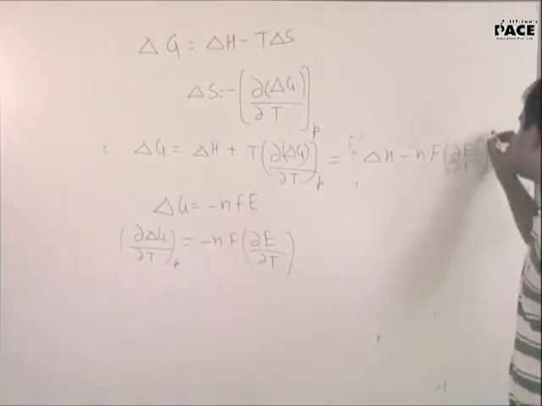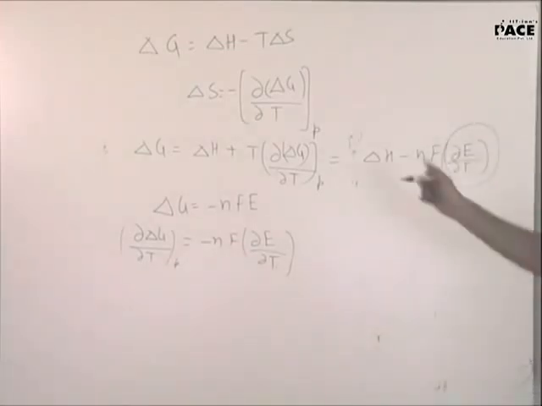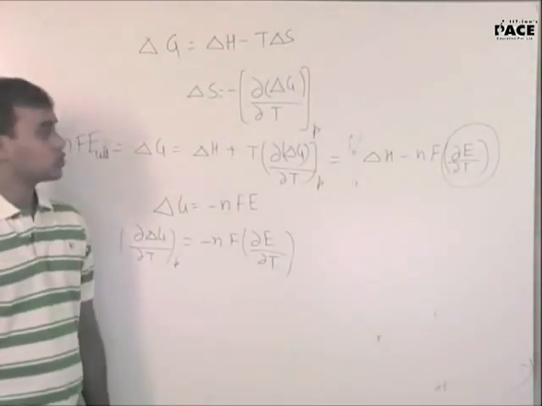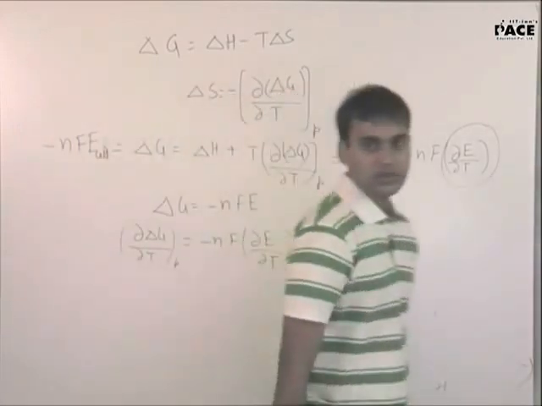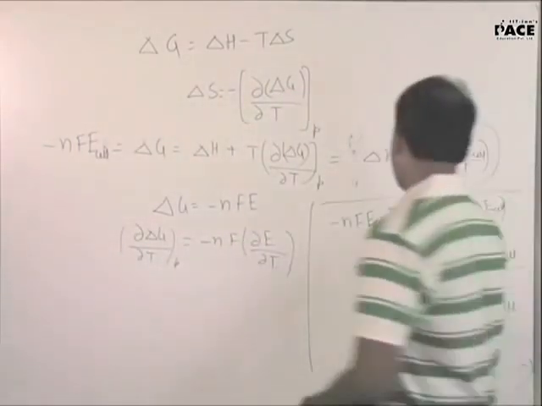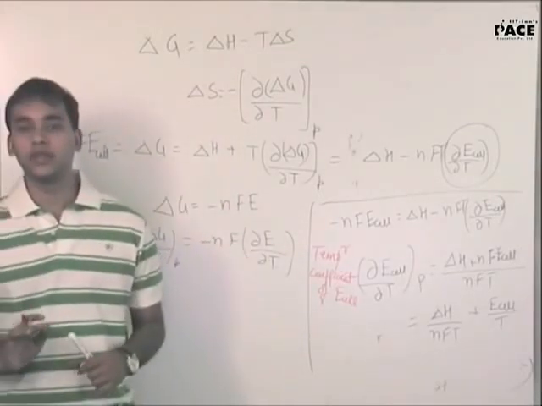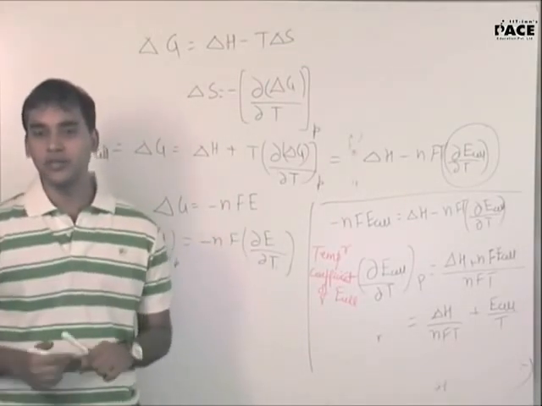Can you now derive what del E by del T will be in terms of E cell? You also know delta G is minus NFE. So what can you say? Just derive it once. What you have defined is the temperature coefficient of E cell. What is implied by temperature coefficient?